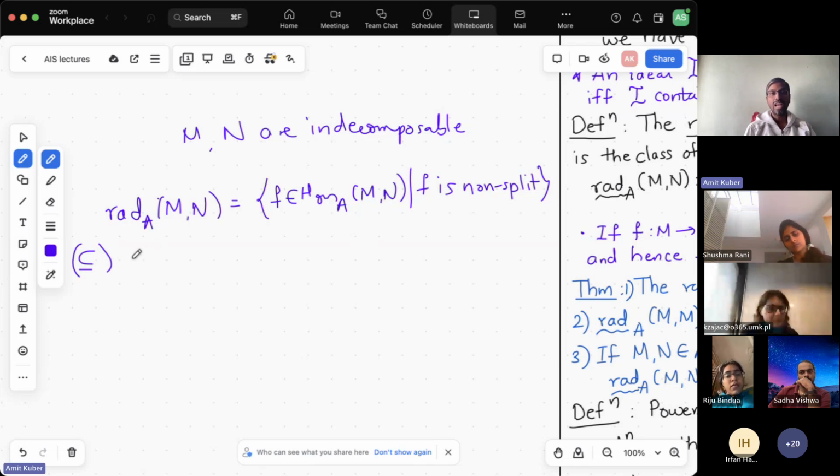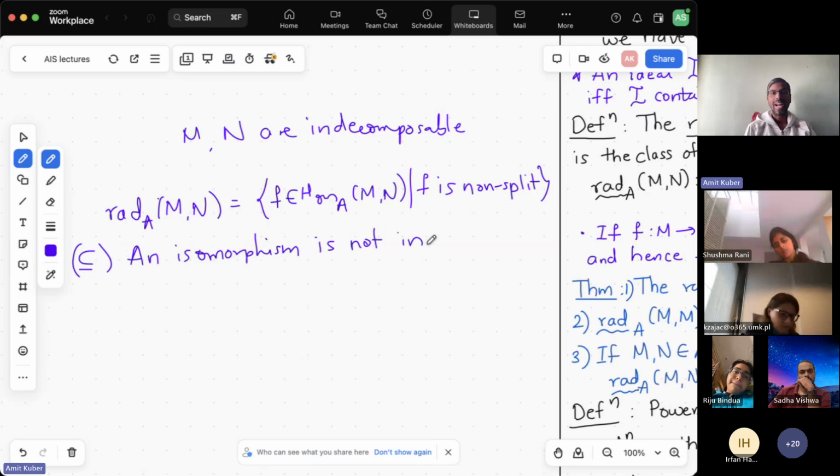Well, we know that an isomorphism is not in rad M N. That's easy to see. I just argued for you that an isomorphism is not there.